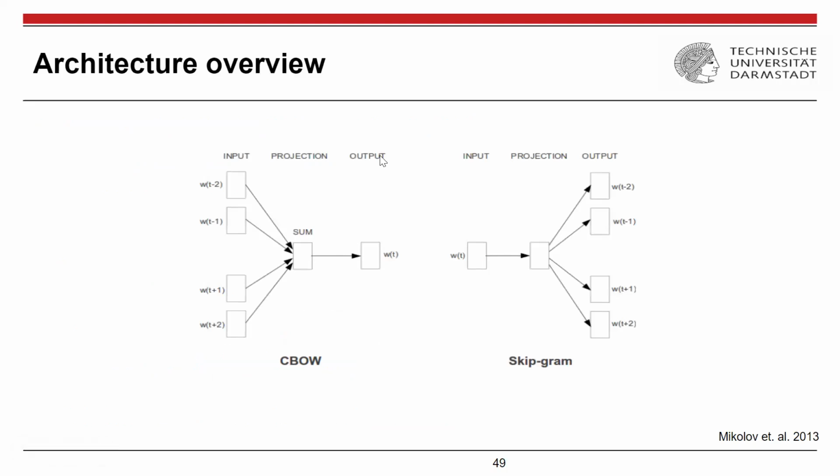So this is an overview of the architecture that CBOW and skipgram actually use. You have your inputs. These inputs are one-hot encoded inputs. I hope you know what one-hot encoding means. Basically, let's say you have 5 words.